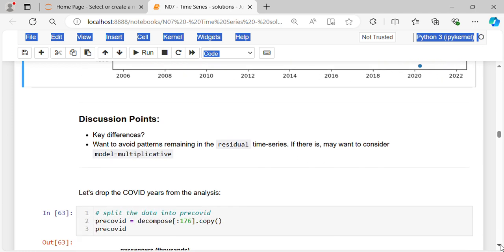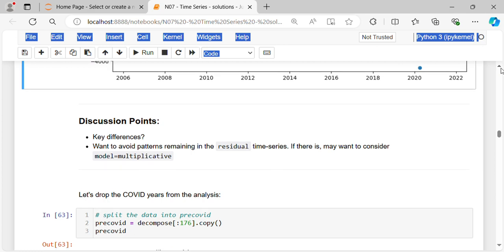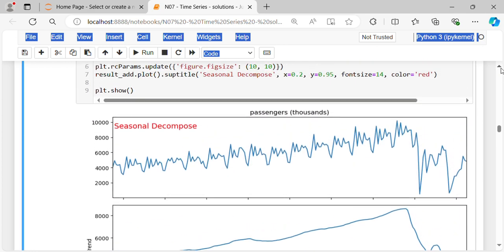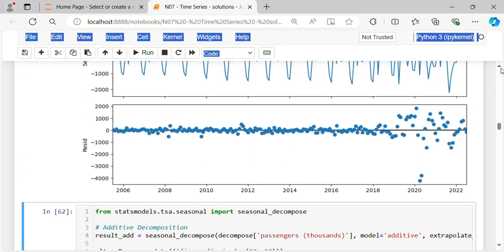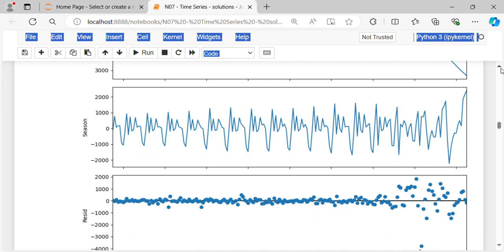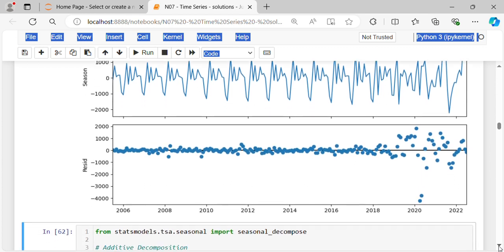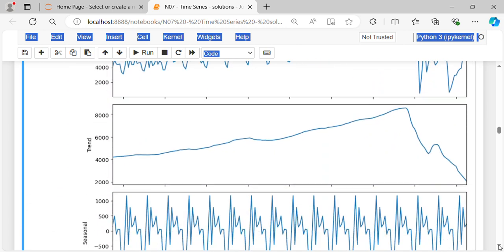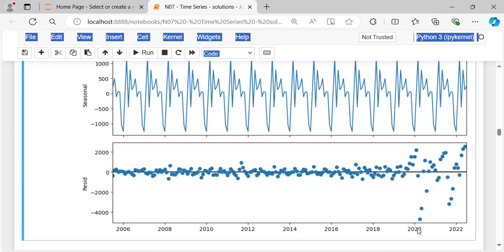Discussion points. So the key differences. So the key difference between the additive model, seasonal decompose, and STL. So what are the key differences? Let's see if we can see some key difference. So these residuals are very small. Let's look at these values.